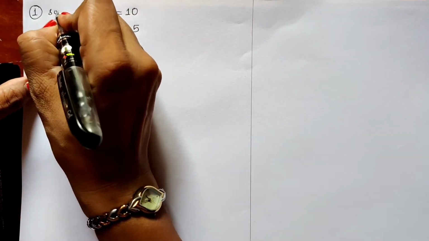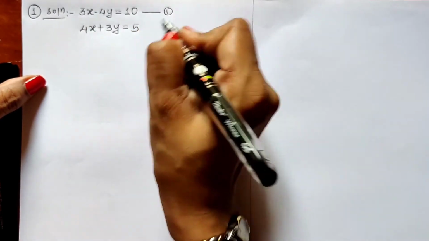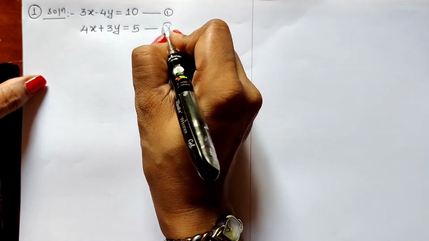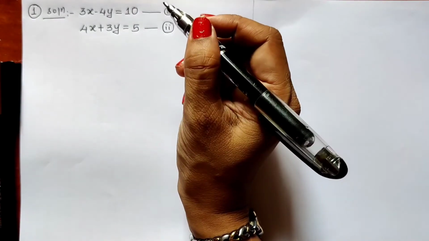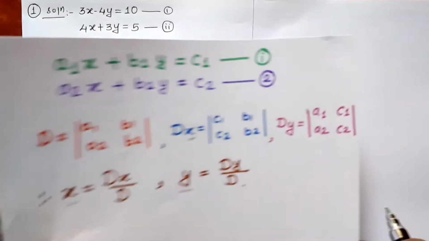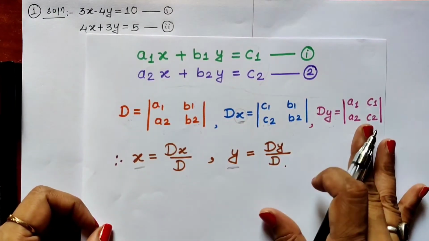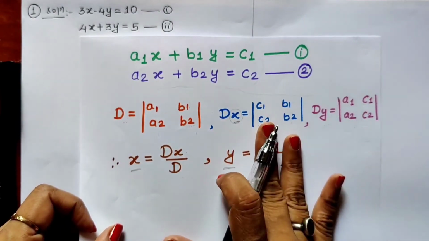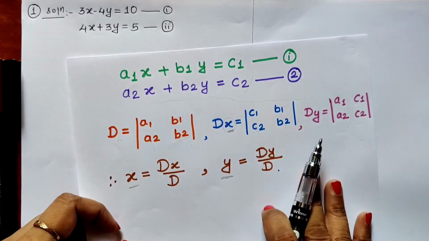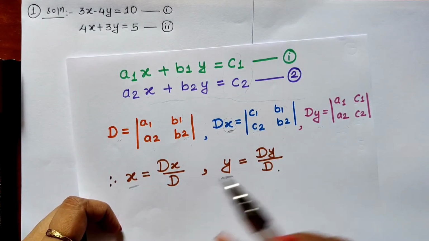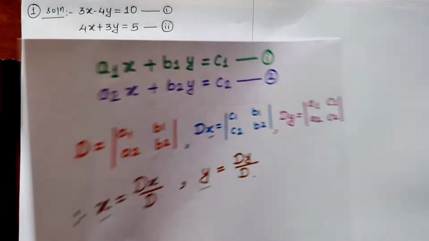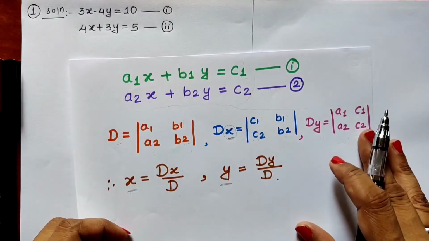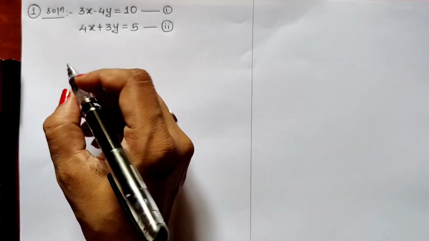This will be equation number 1. This is equation number 2. Now as I have shown you, we will be comparing these equations with a1x, b1y, c1. At least for the first sum we will be comparing, and then from the second sum we can directly write down, or if you want you can follow the method of comparison.